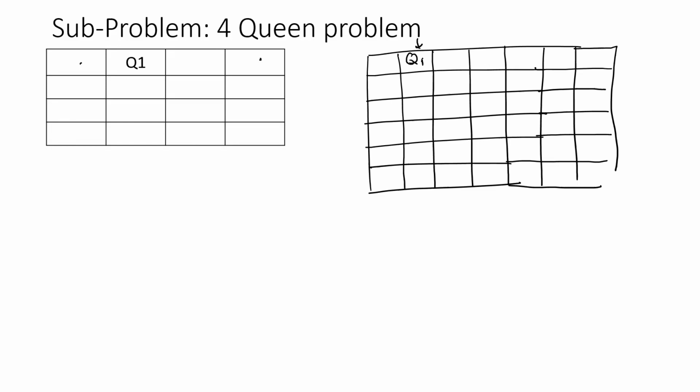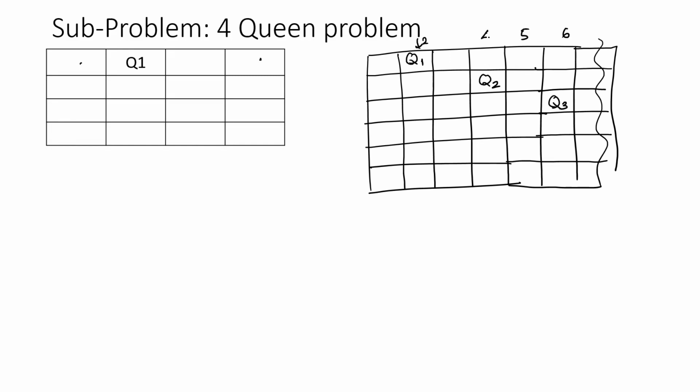Like if you are placing Q1 in column 2, Q2 cannot be placed in column 3. So you can place Q2 in column 4. And you can just skip this for some time, and then you can place the next queen, Q3, in column 6.